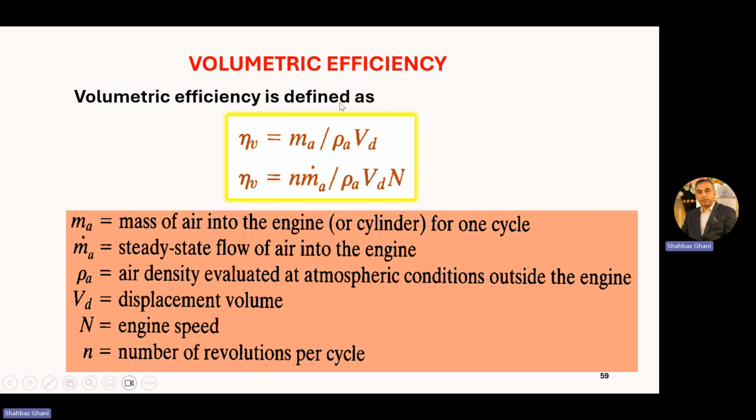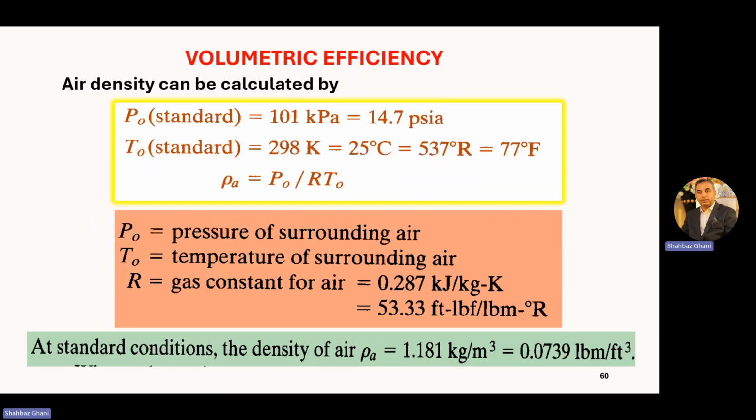Volumetric efficiency is defined as the mass of air divided by the density of air times the displacement volume. Or we can also write it using the number of revolutions per cycle, the mass flow rate of the air divided by the density of the air, the displacement volume, and the engine speed. So we can have a volumetric efficiency with these two formulas.